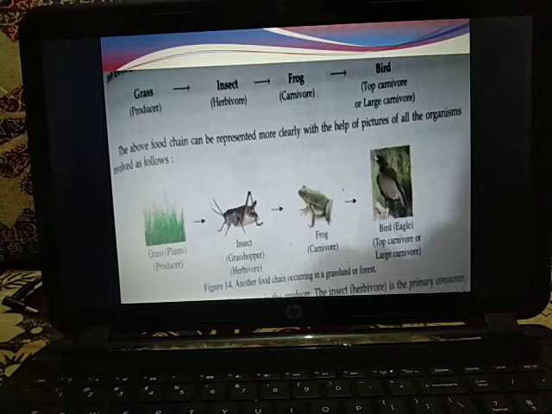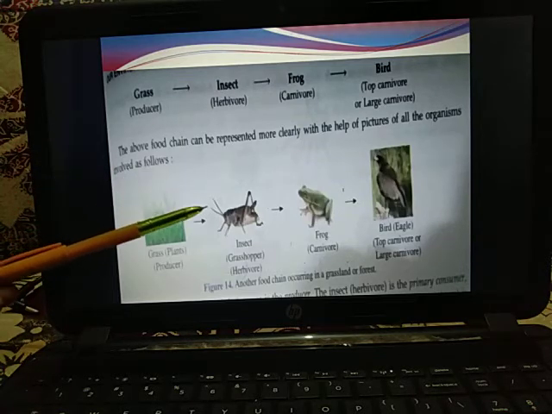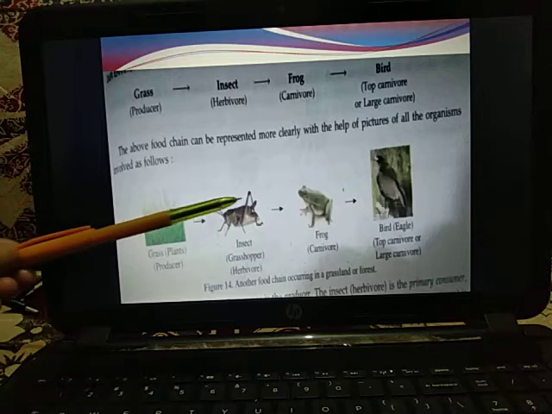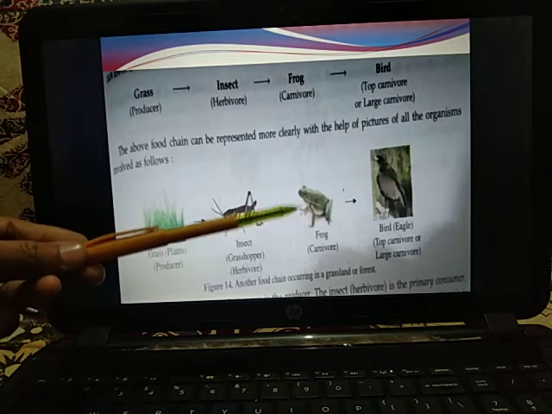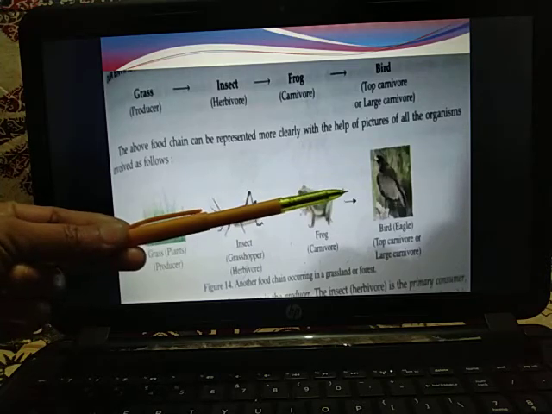So here you can see the grass has the first trophic level, then comes the insect, the third trophic level is the frog, and the fourth trophic level is the eagle.